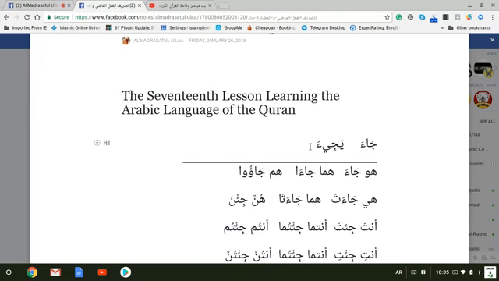We call the noun that comes from the word the masdar. Jayun, or sometimes, like I said before, the masdar could be 2 words or 3 words.